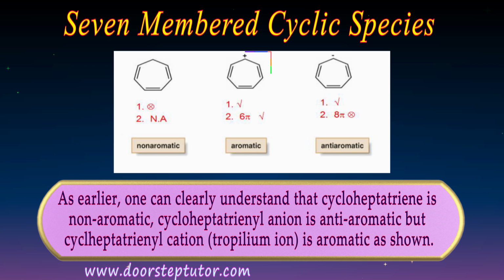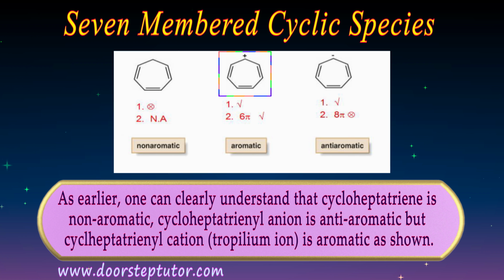Now if we see the cycloheptatrienyl cation, it is fulfilling the first condition. It is cyclic, planar, and it also has conjugated double bonds. And the second condition, that we should have 4n plus 2 pi electrons, is also fulfilled.